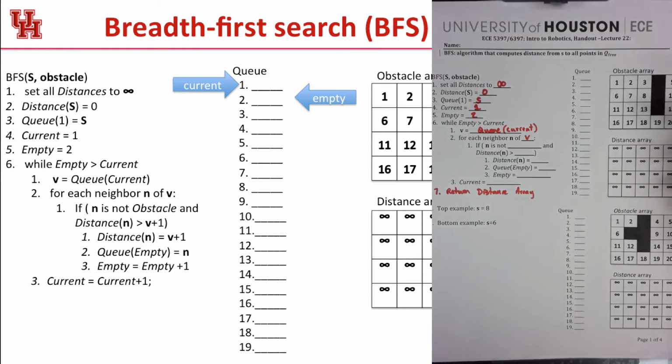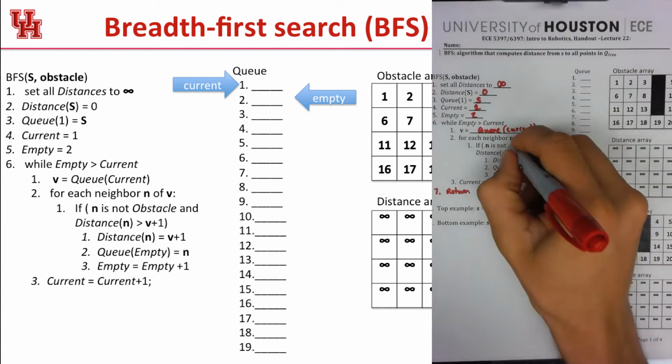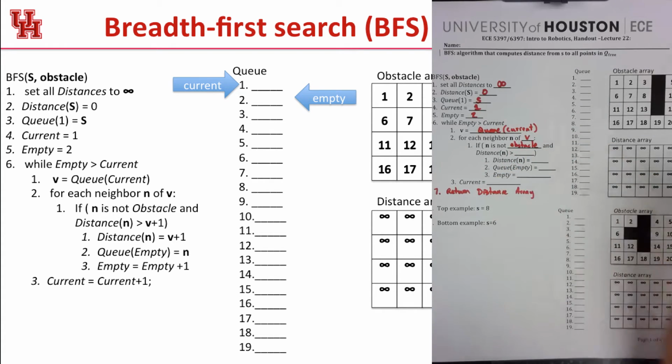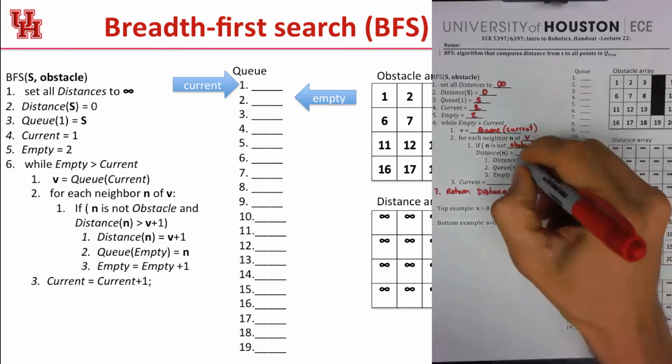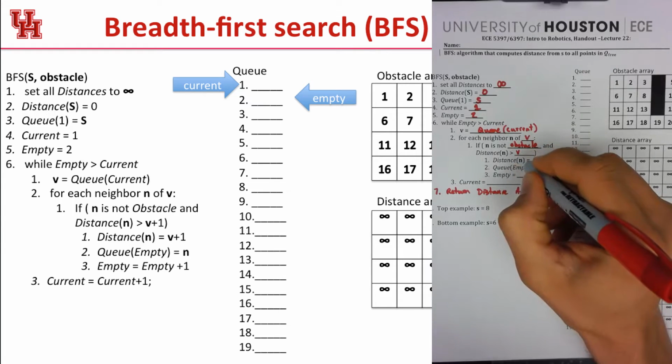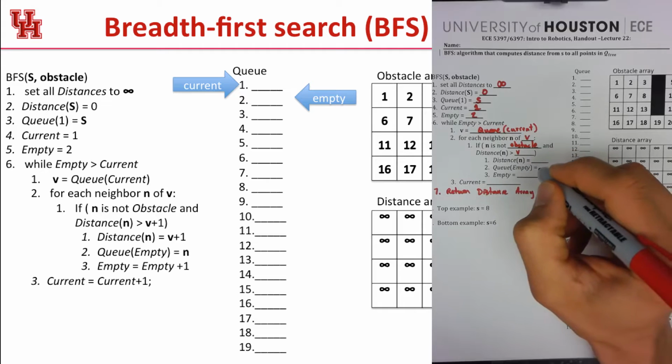The first thing I want to know is if they're an obstacle. So if n is not an obstacle, and the distance to this neighbor is greater than my current node's distance plus 1. So that's my distance of v plus 1.